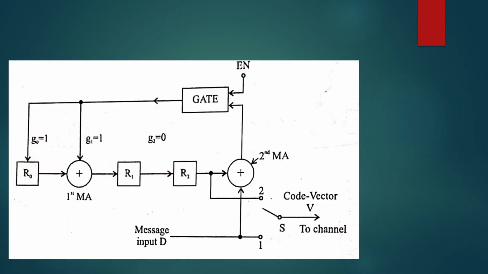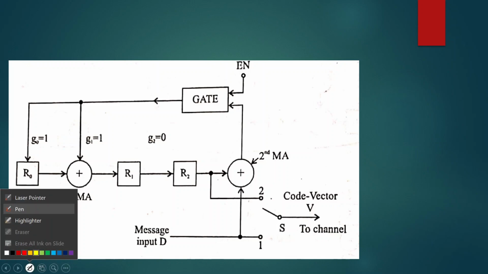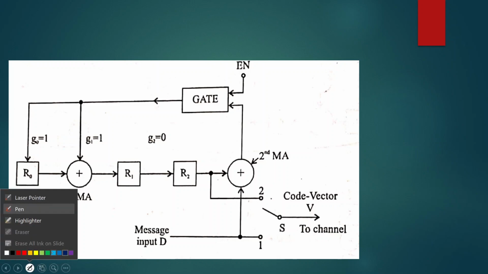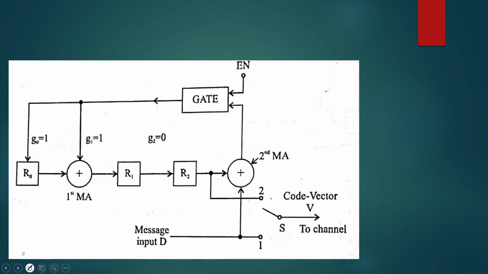Let me consider the initial data bits present in the shift registers. Initially, all the entries inside the shift register are 0: R0 is 0, R1 is 0, and R2 is 0.